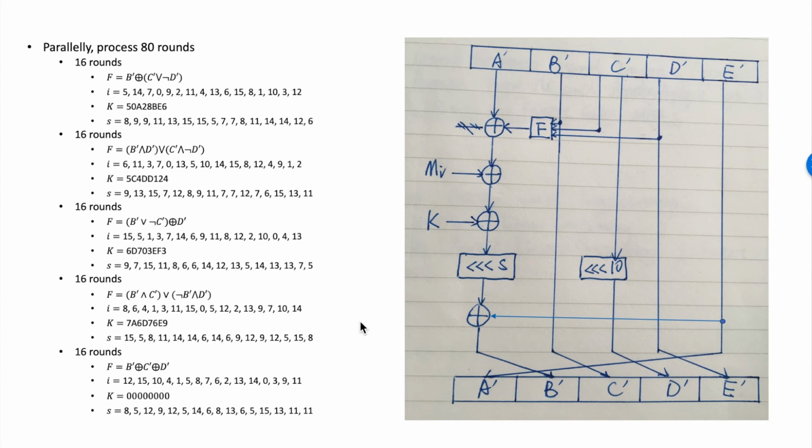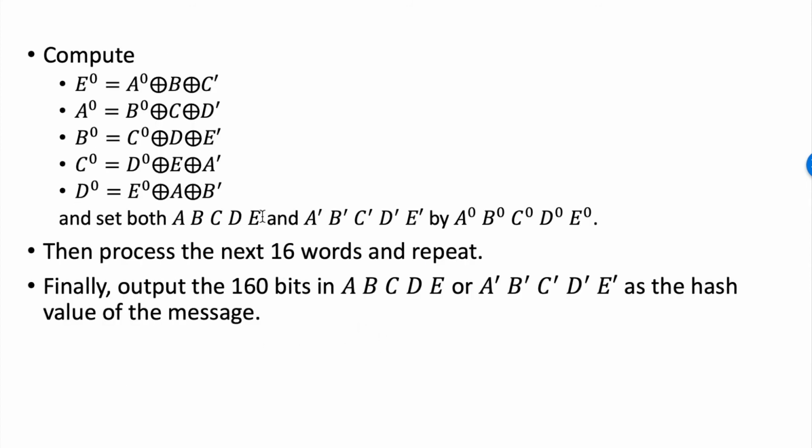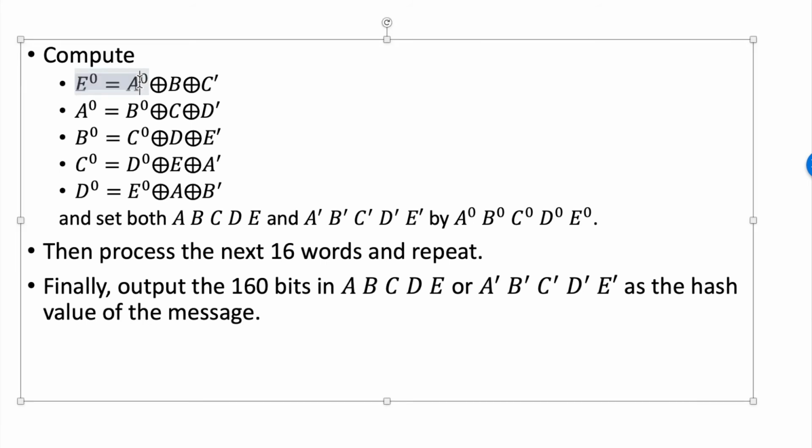And after that, we're gonna compute E0 as A0 plus B plus C prime. A0 here is the initial value from the initialization process, B is the result value in buffer B, and here is the value in C prime.